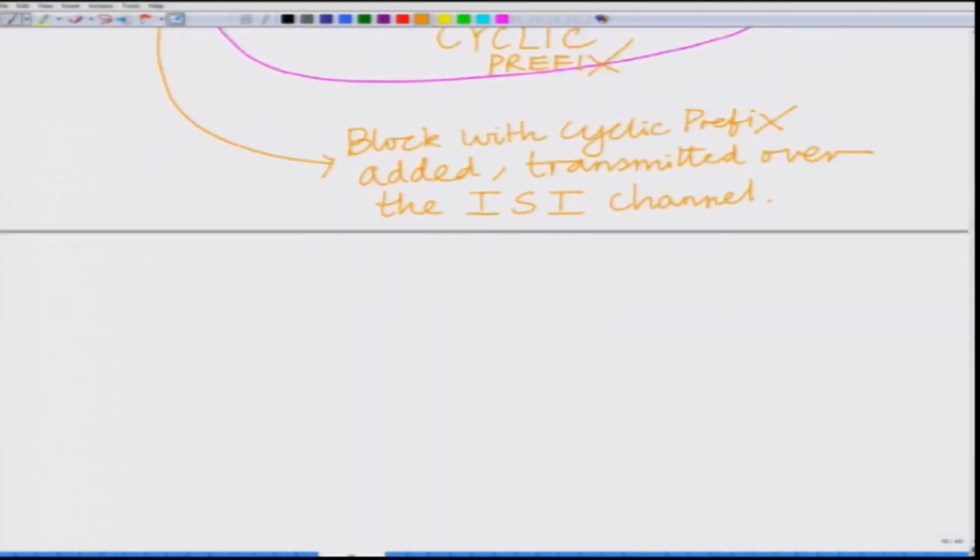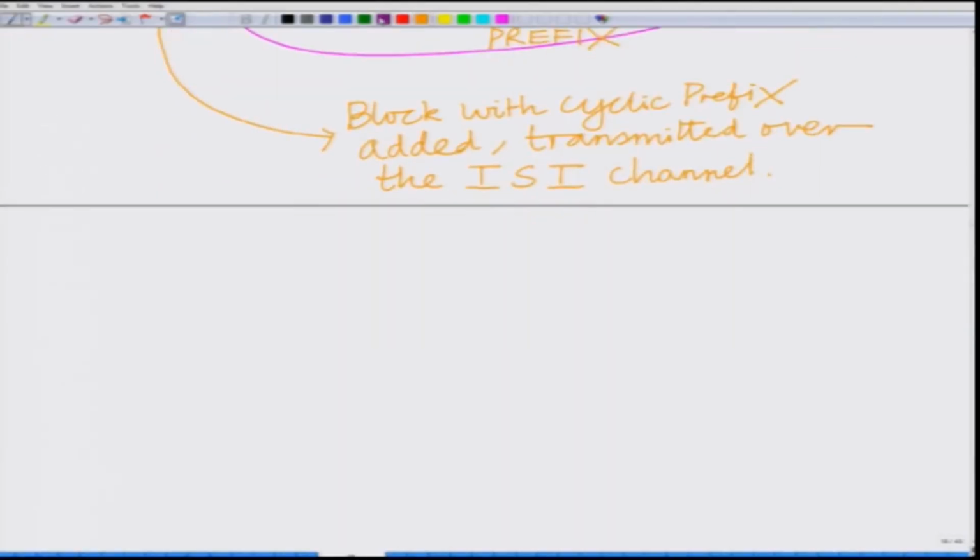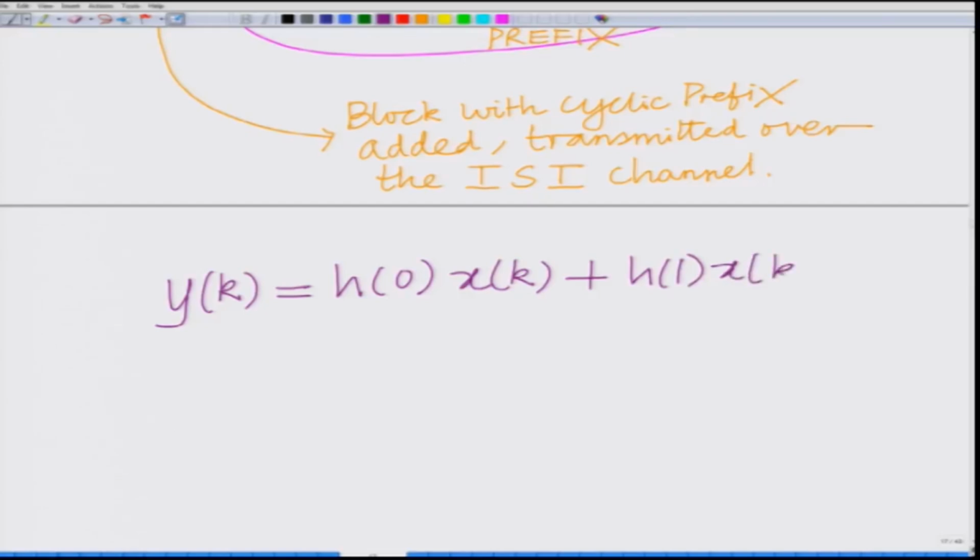All right, and similar to several times before, we are considering the 2 tap ISI channel, that is y_k equals h0 x_k plus h1 x_{k minus 1}. Basically, what is this? This is your L equal to 2 tap ISI channel.